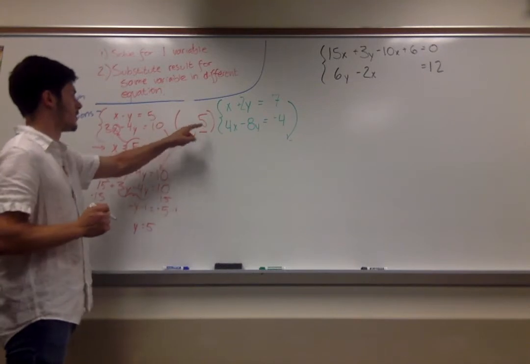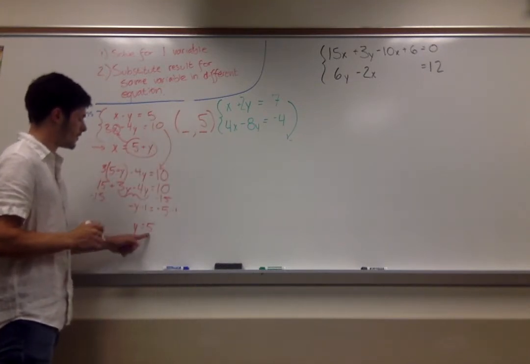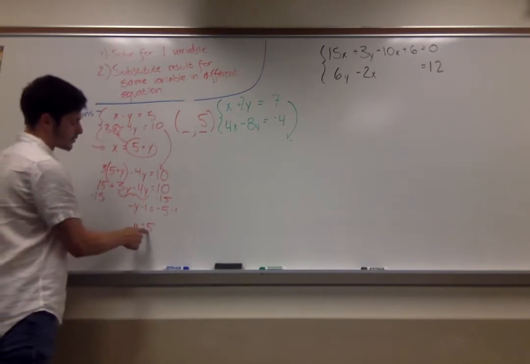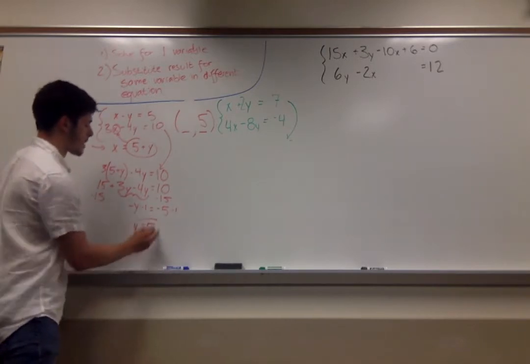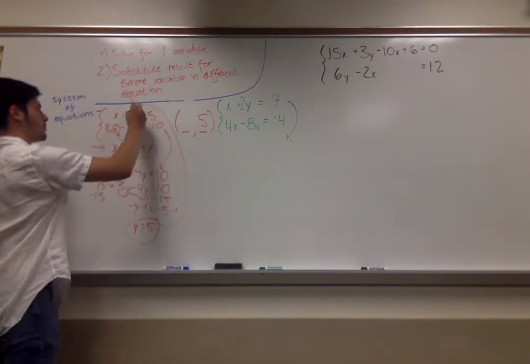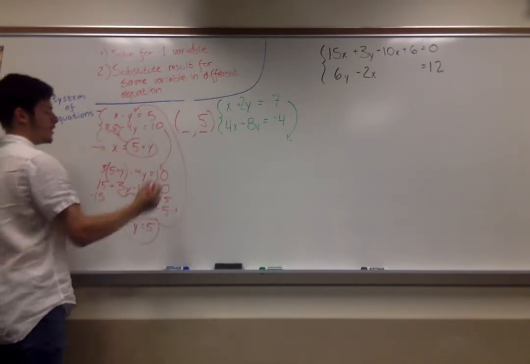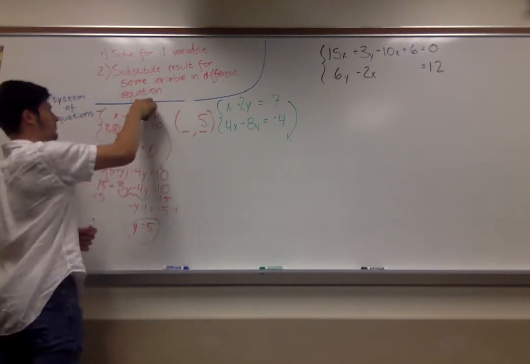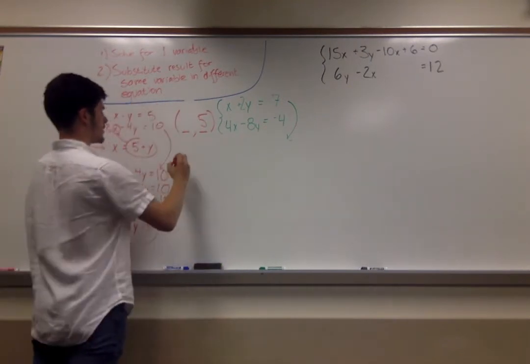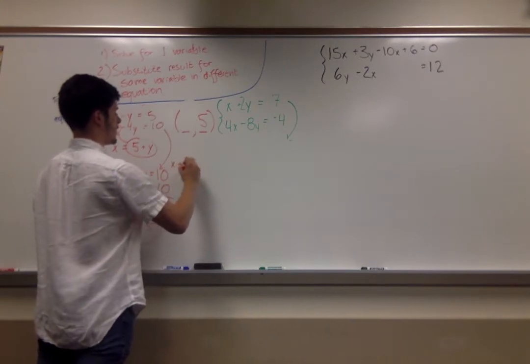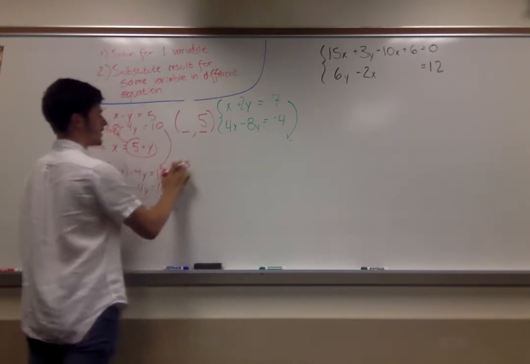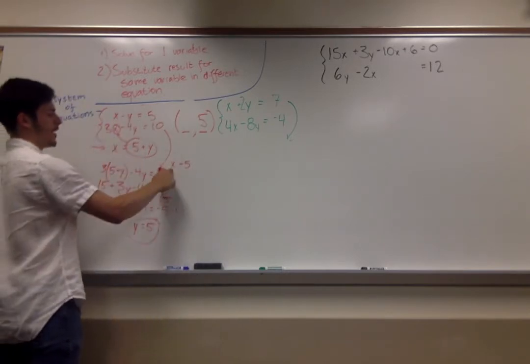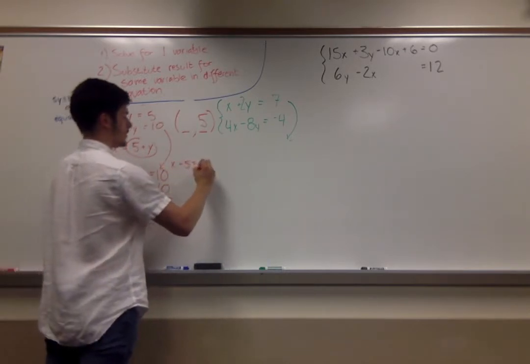So we're just going to plug this 5, which is equal to y, right? We're going to read this as a statement too. y is equal to 5, so we'll just plug this 5 right back up into there. And what we get then, sorry, that got a little messy, is x plus 5, or x minus 5, my apologies, because it's x minus y, so we're going to do x minus 5 equals 5.